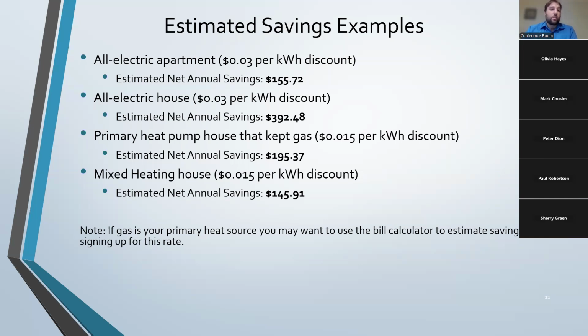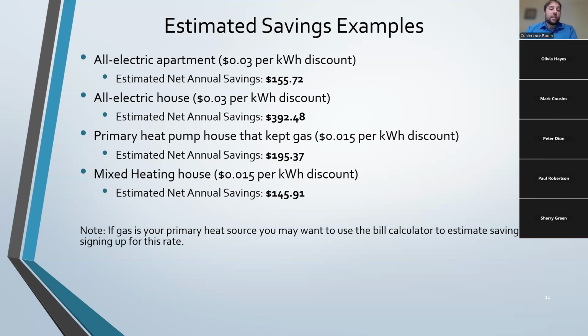So for the all electric apartment, because it's smaller, you get the better rate, but you're saving, let's say, $155. But if it's a bigger apartment, maybe it's even greater. The all electric house is a big bang for your buck. And even in some of the mixed scenarios, like the primary heat pump that kept the gas, it's still an annual savings on this particular example.